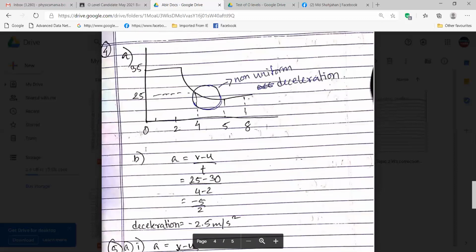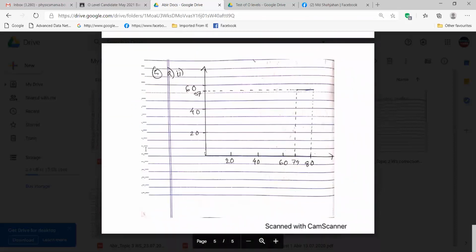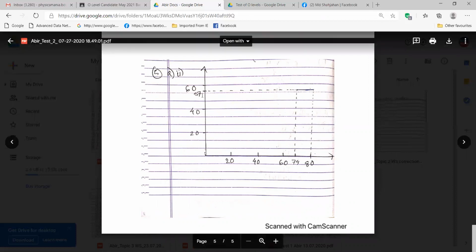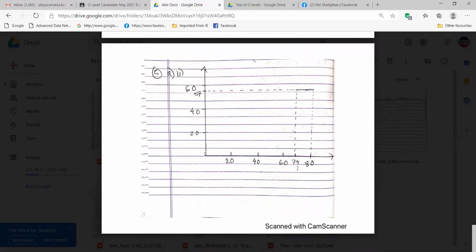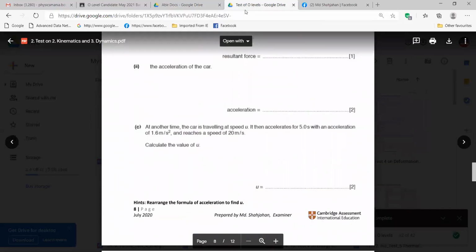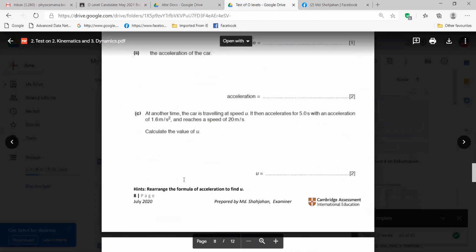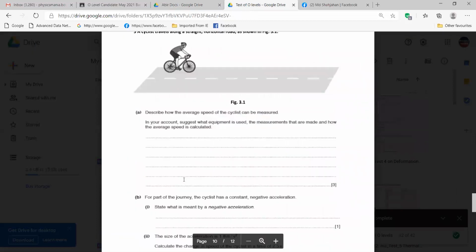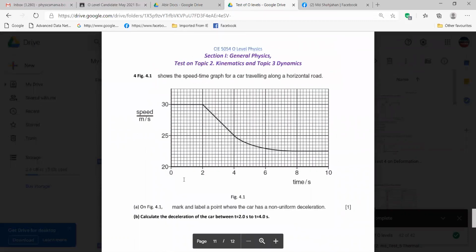Then there is question 5A2. You wrote here 57 and here you wrote 75. Look at the question: it is given 55 and 70.